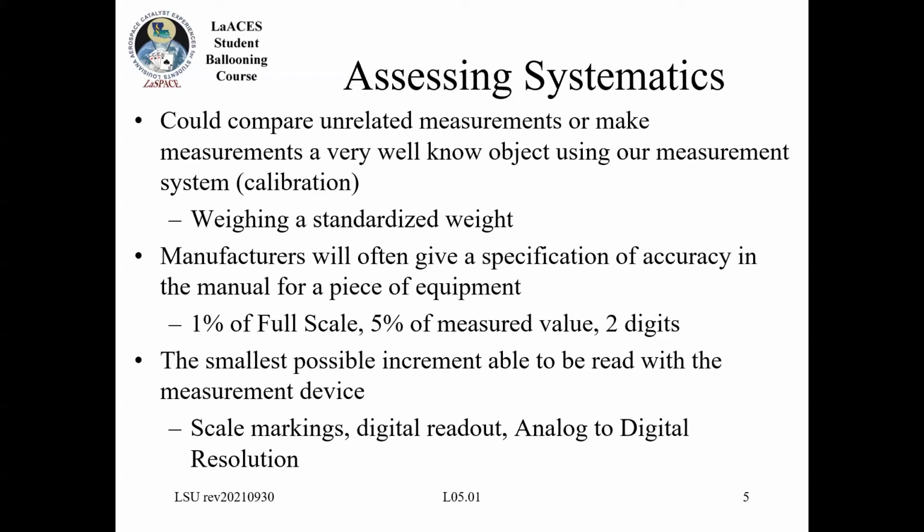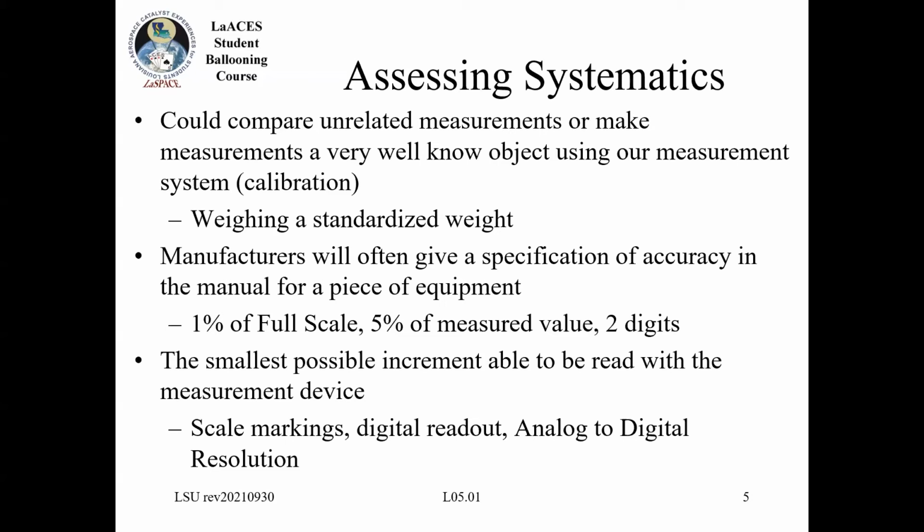So for example, you could take measurements of an object of known dimensions, if I'm just doing measured length, width, and height, where I know what the value should be, and I could compare it to what I get. And then I would say that difference between those two values is what my systematic error would be.